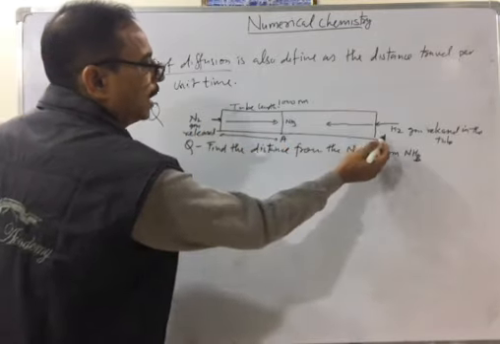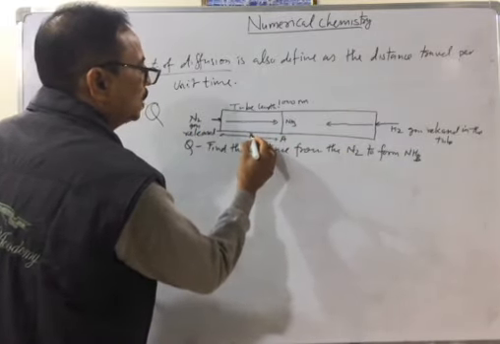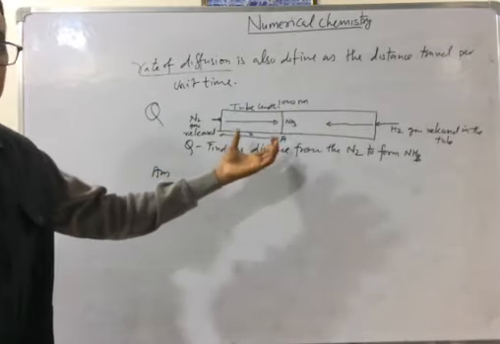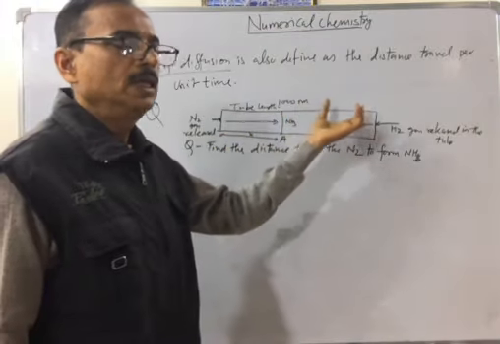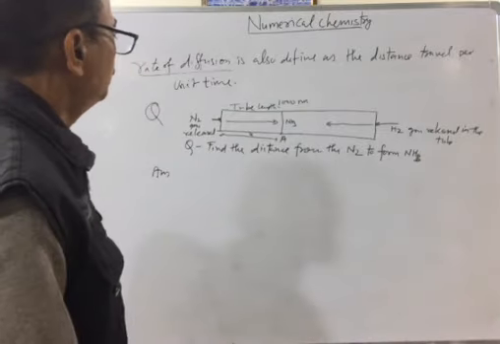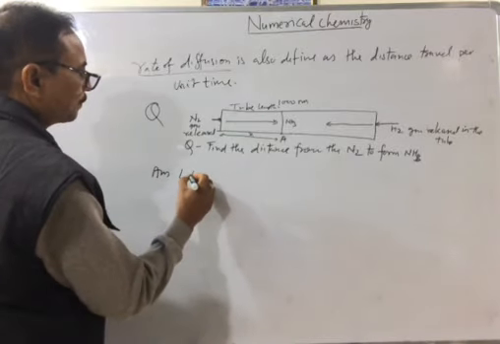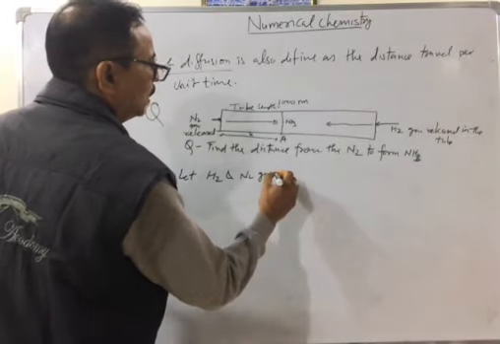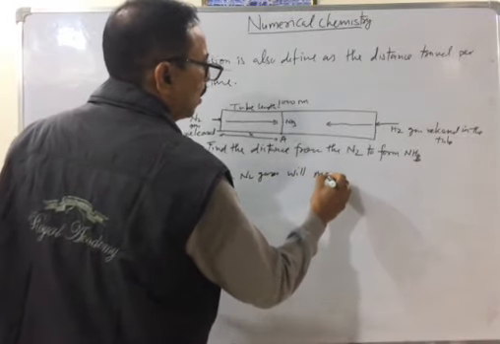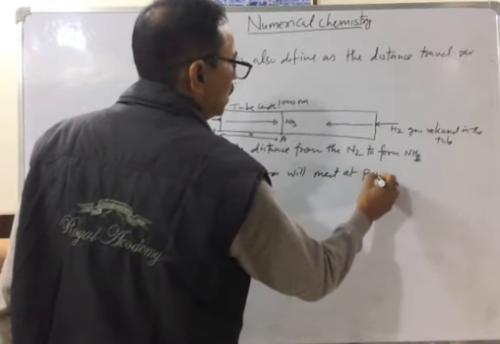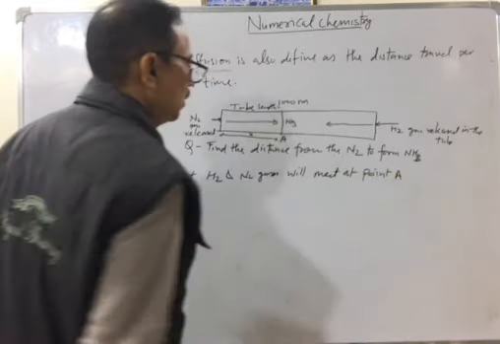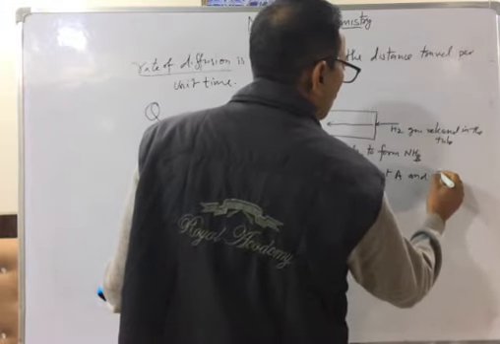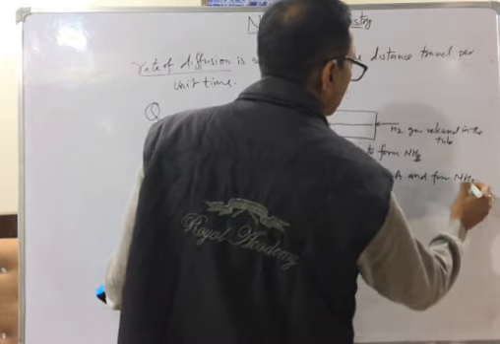Suppose nitrogen and hydrogen will meet at point A. How do we calculate it? This question is asked many times in various exams. So let hydrogen and nitrogen gases meet at point A and form NH3.